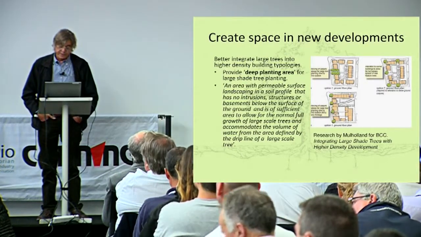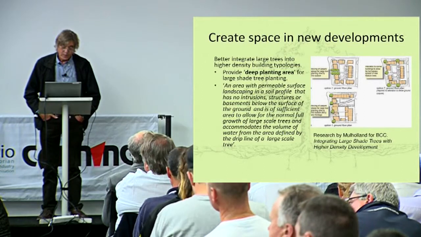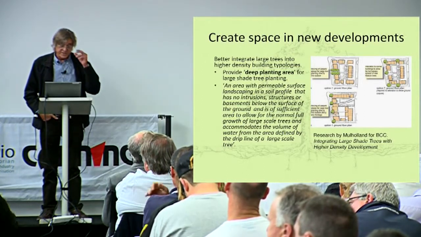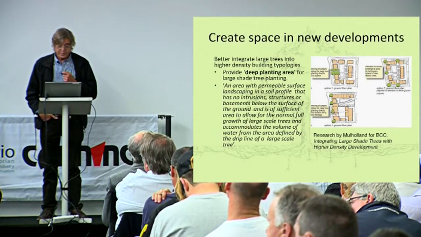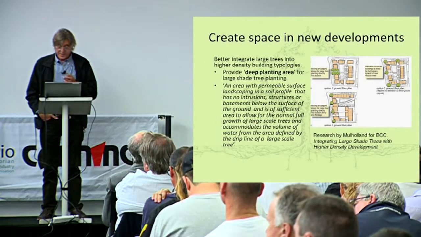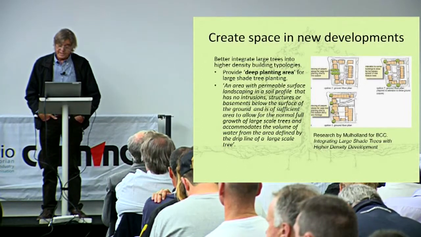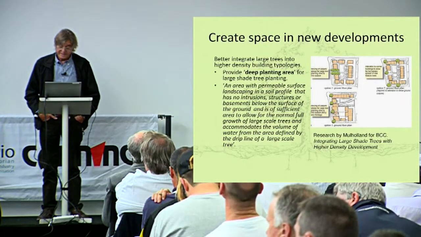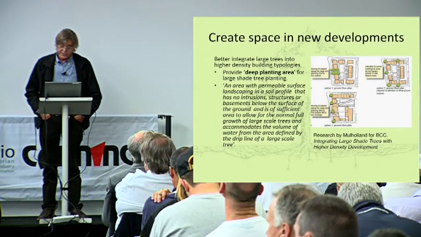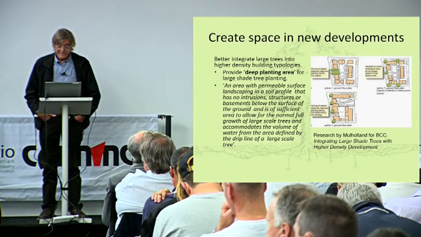In creating space in new developments, we need to find better ways to integrate large trees into high density building typologies. I'm showing here research by Mulholland for the Brisbane City Council, taken a few years ago with Lyndall Plant. He's looking at ways of integrating large shade trees into high density developments.